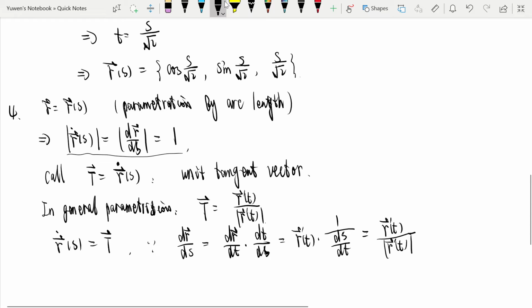So the dr/ds is actually a unit vector. That's why we use the arc length parameter.